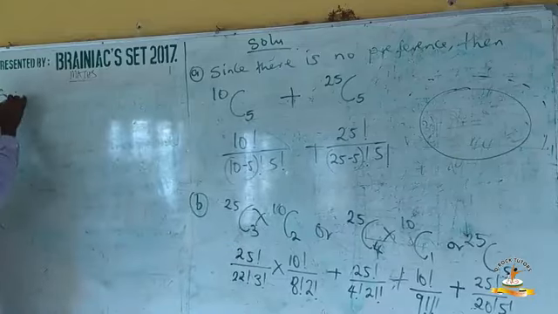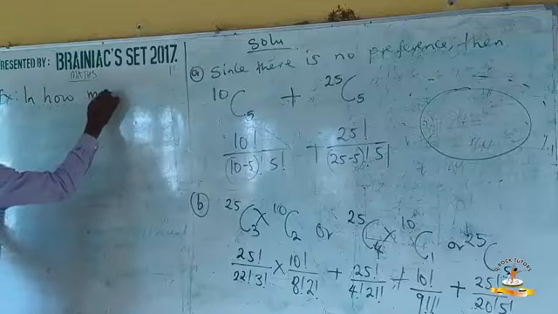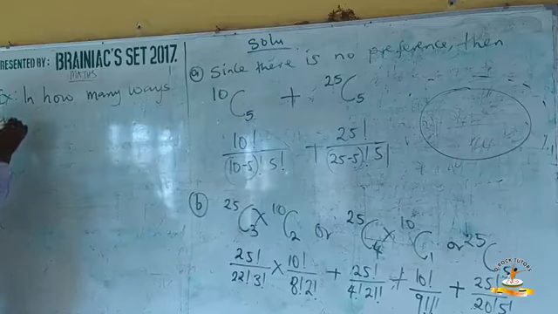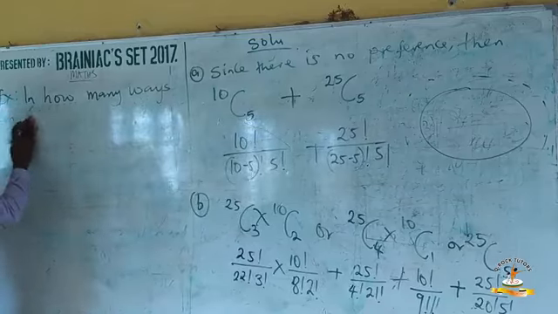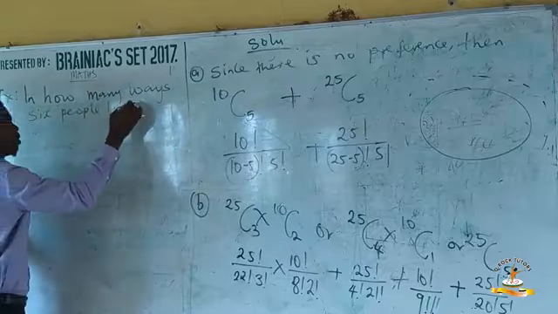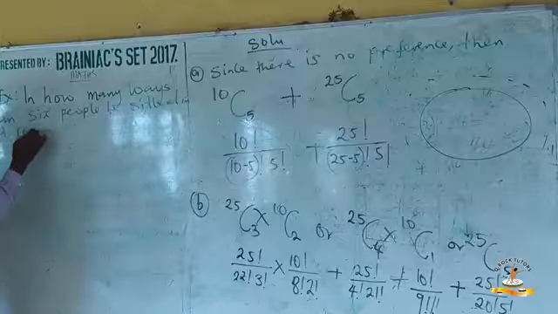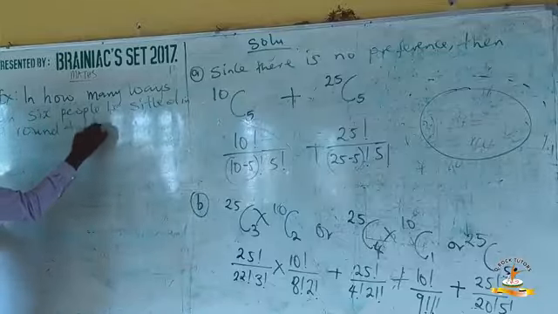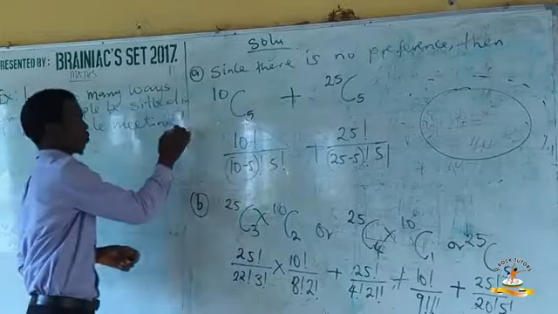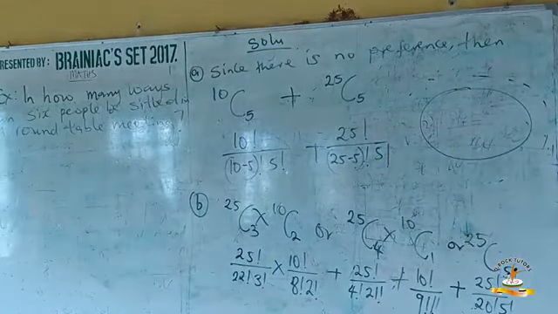A case of a round table arrangement. In how many ways can 6 people be seated in a round table meeting?